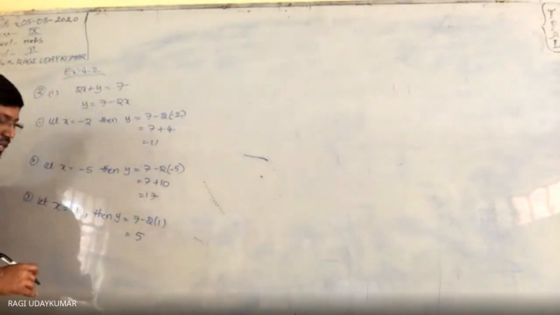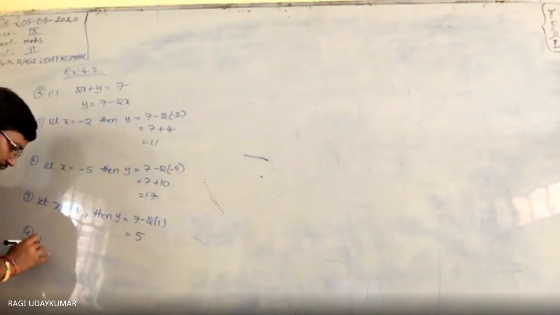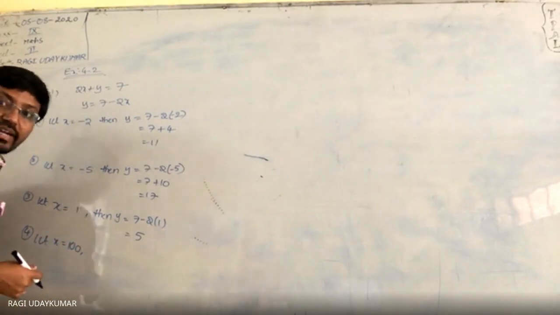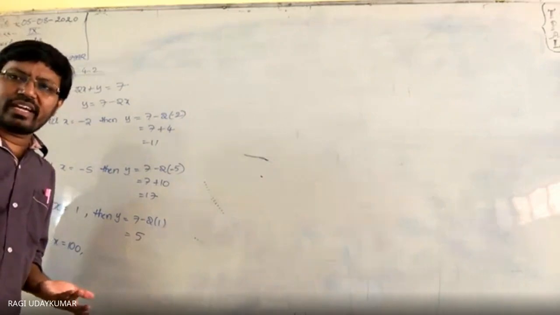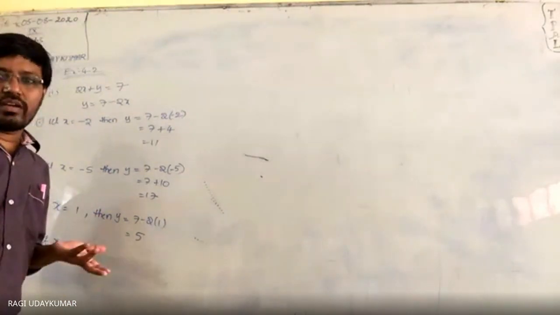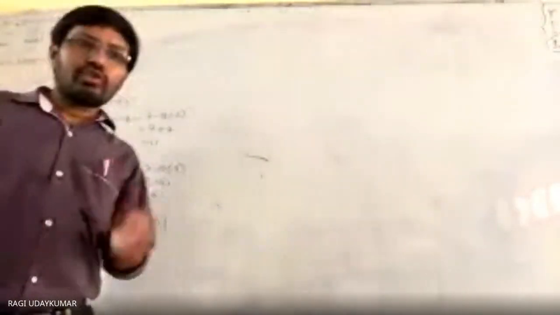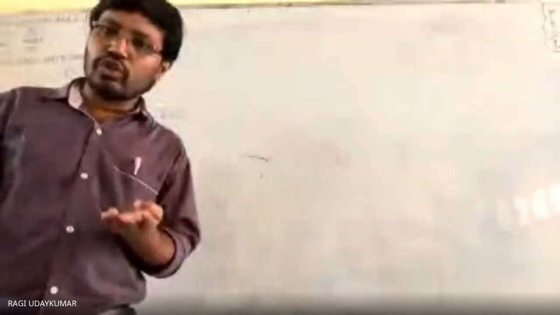Third solution again. Fourth solution, let x equals 100. Sir, 100? Yes, you can take it. What is wrong? These values you can take as you wish. Here the question is asking you to find four solutions.